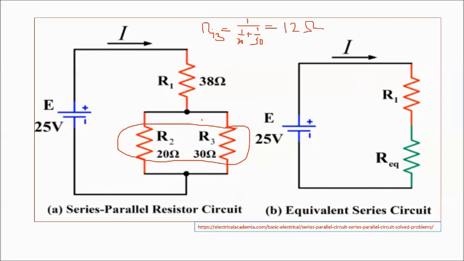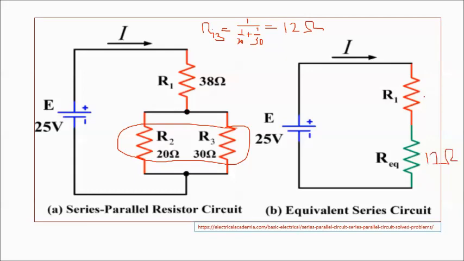Therefore, if you connect 20 and 30 in parallel, bababa yung value. Mas mababa pa sa 20, no? Kasi you added reciprocally. Now, our REQ therefore is 12 ohms.